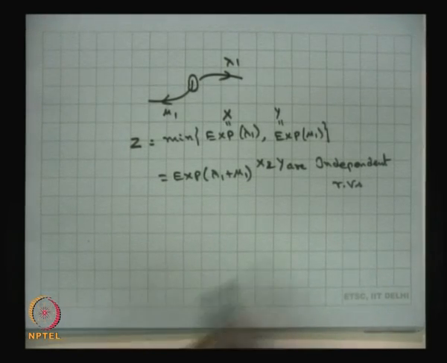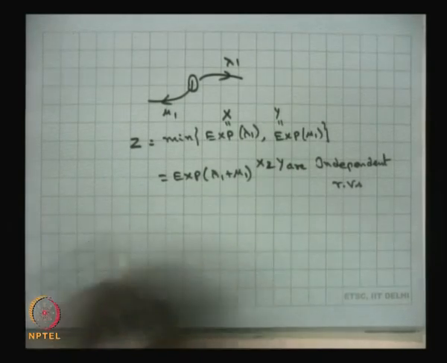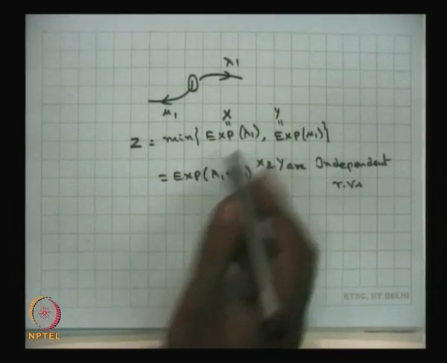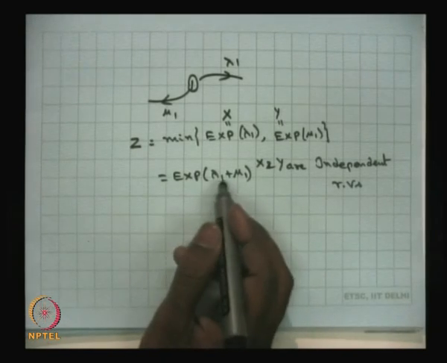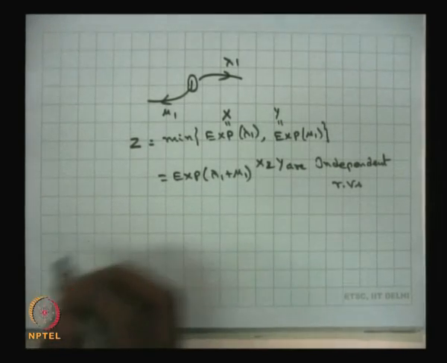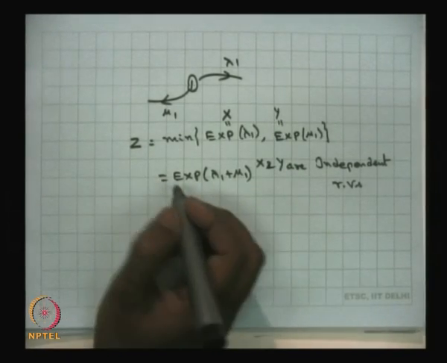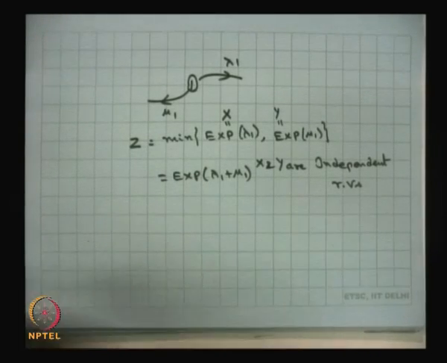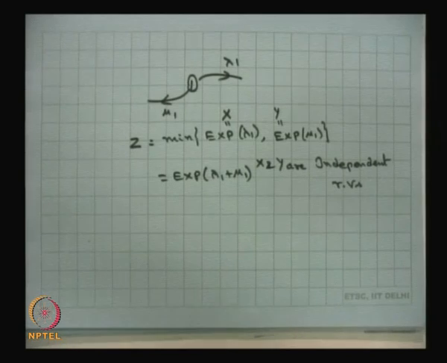You can do it as homework. Therefore, the time spent in state 1 is exponentially distributed with the parameter lambda 1 plus mu 1.